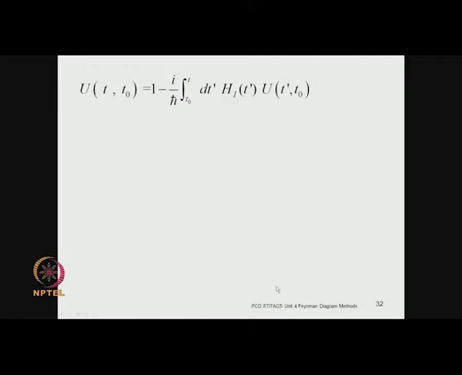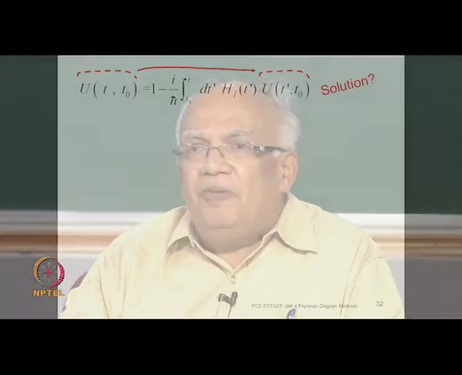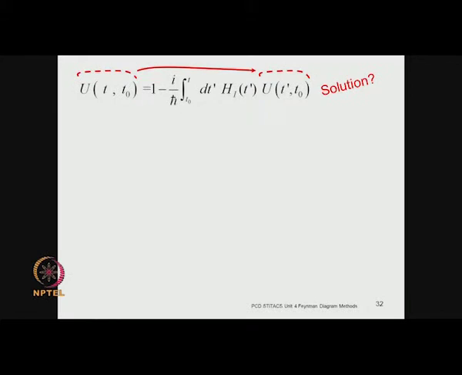Now, this is nice, but in some sense it is a solution, in another not really so, because a solution means that you are able to determine the left hand side in terms of the right hand side. And how can you get the right hand side? Because the left hand side involves the u, which is also under the integration.